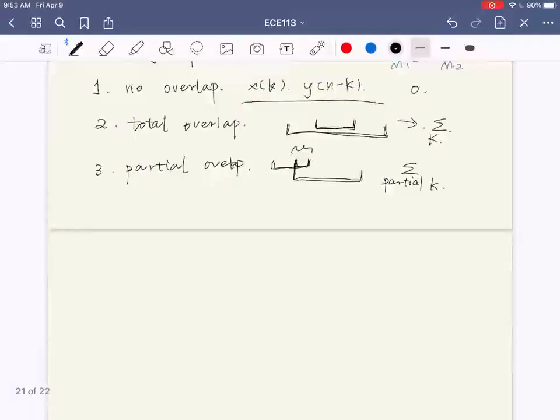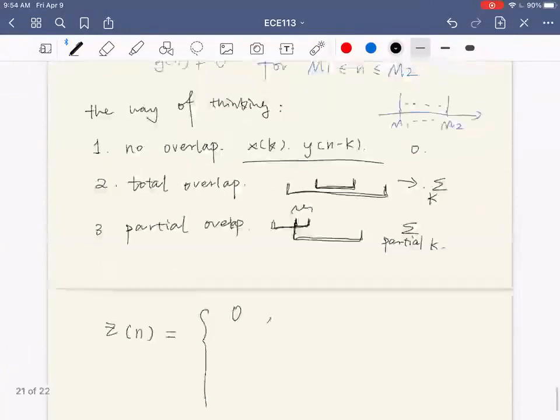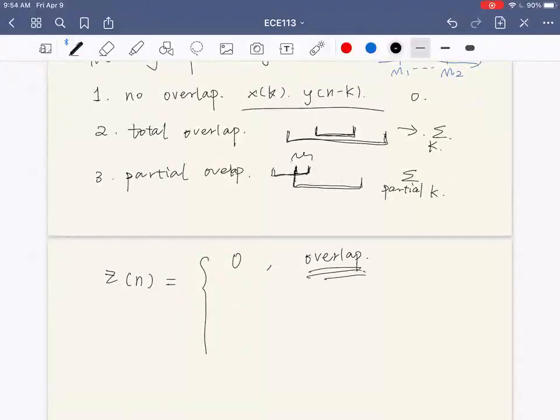And in this case, we can write down the equation of z in this way: 0 when they have no overlap. But make sure that you know what the overlap interval is. So you should not just say no overlap here. You should say, oh, the n is between which interval? It belongs to which intervals?